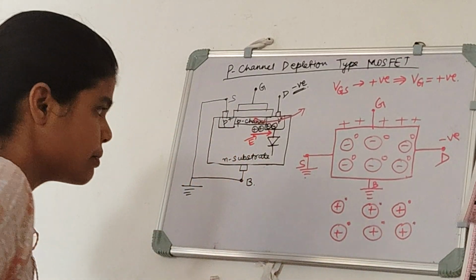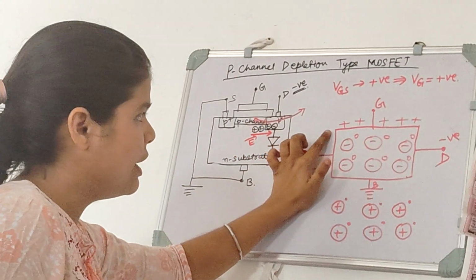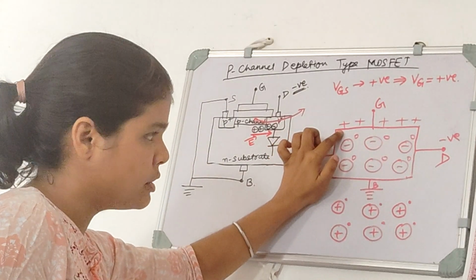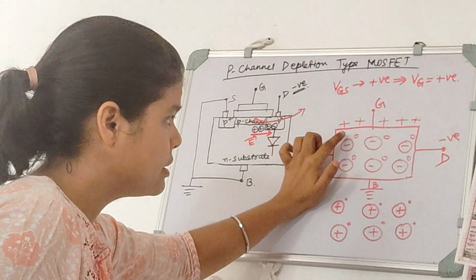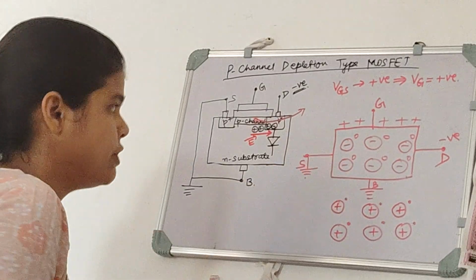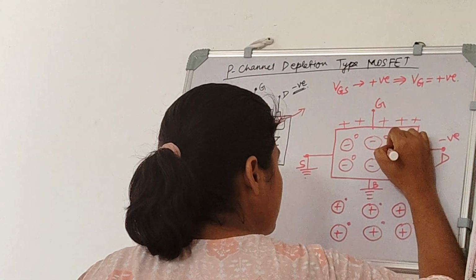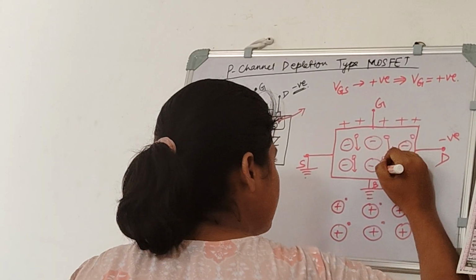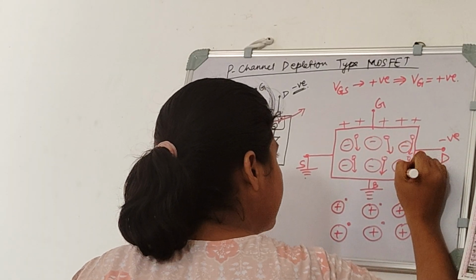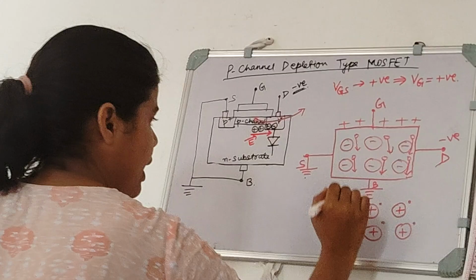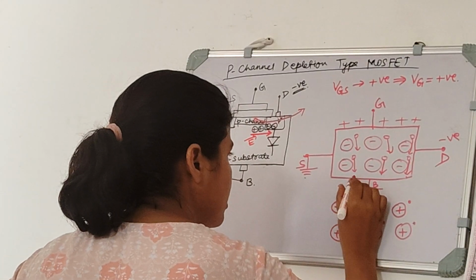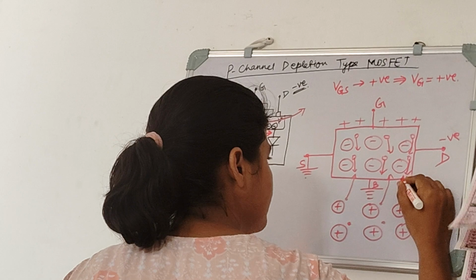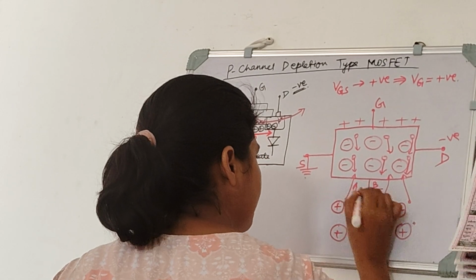Now see, when we apply positive voltage at gate, this positive voltage repels those holes which are in the channel. So these holes will move towards the substrate, and this positive voltage will also attract the electrons of the N substrate. That is, these electrons from the substrate will move towards the channel.